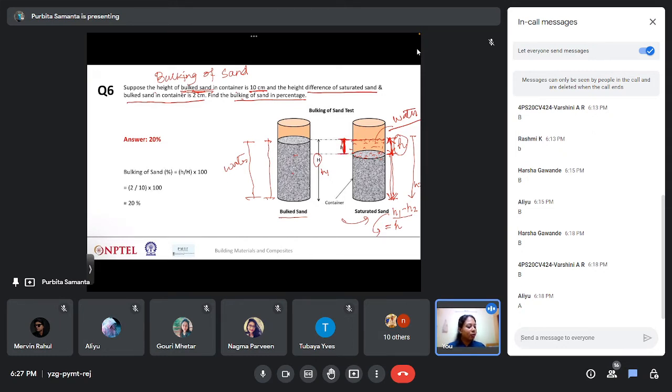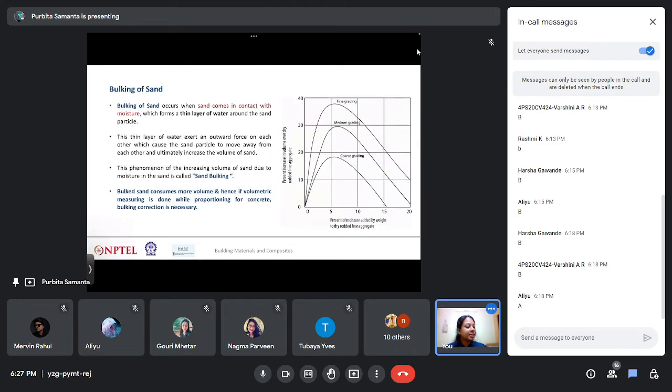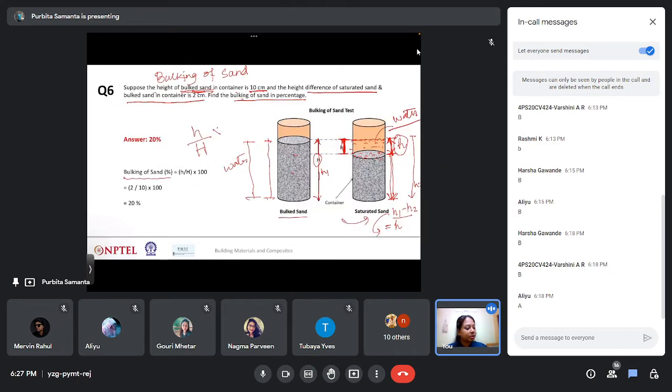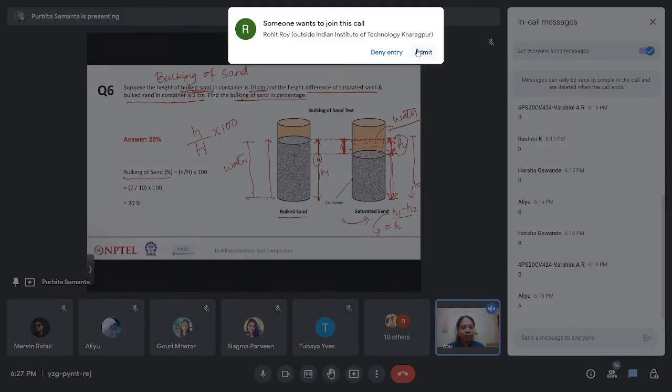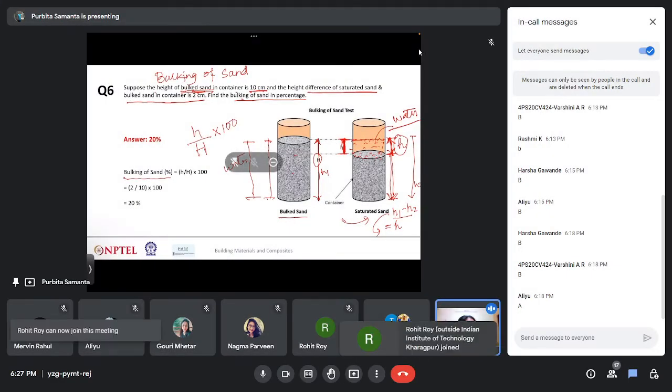Now, in order to find the bulking of sand in percentage, we will simply take this small h divided by the bigger H, and since we have to find the percentage, we will multiply it with 100. Here we already had the height difference of the saturated sand and the bulk sand.